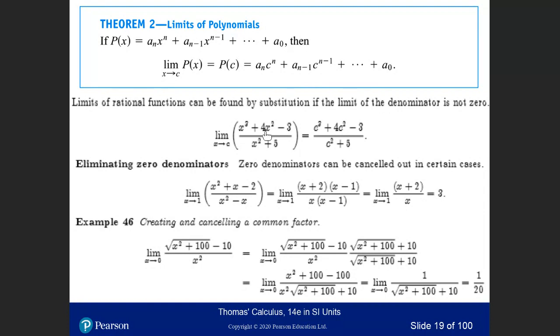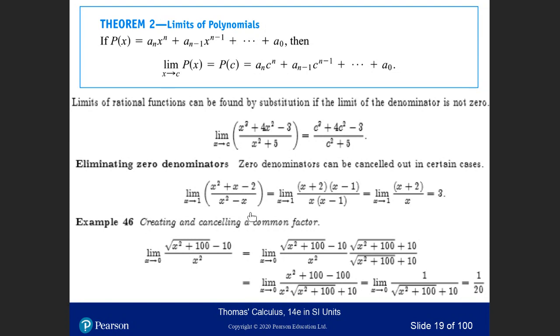The limit of a rational function can also be found by substitution if there is no problem. For instance, for this rational function, the denominator is never 0, so you can just substitute c, and that will give you the limit.